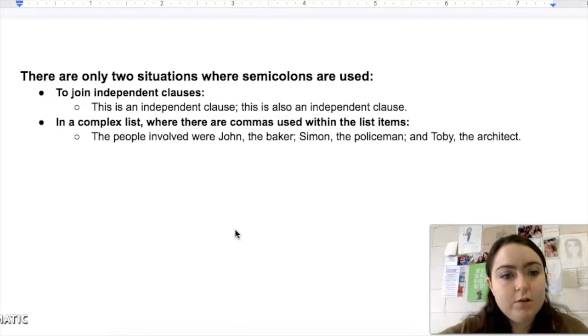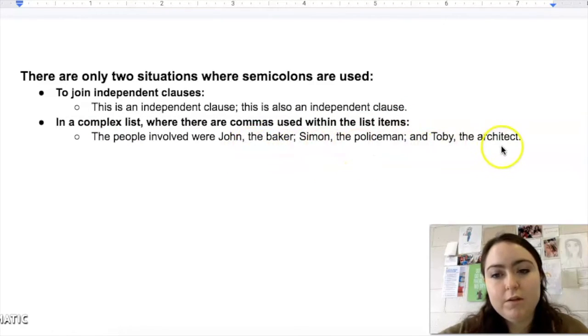The other situation, which is not on your quiz, but I just wanted to point it out, you use a semicolon when there's a complex list, when there are commas used within the list items. For example here, the people involved were John, the baker; Simon, the policeman; and Toby, the architect.